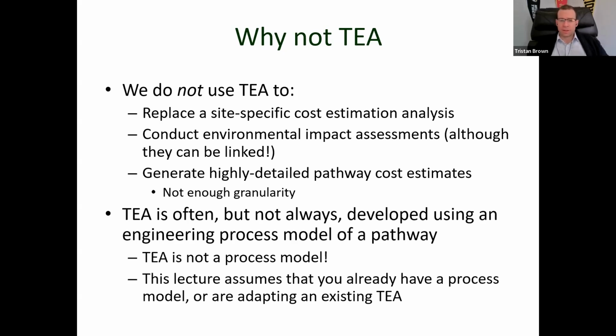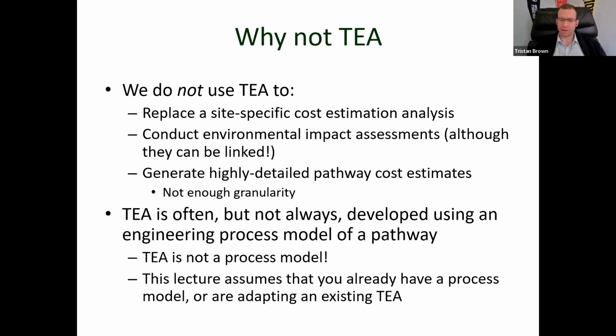So that said, the other thing that TEA is not is a process model. A lot of you are familiar, especially if you've ever taken engineering courses, with process modeling, right? Things like Aspen Plus, SimaPro, et cetera. A process model in that context is ultimately where you are determining the actual mass and energy flows of a system. Now, process models are often used to build techno-economic analyses, but a TEA is not a process model.